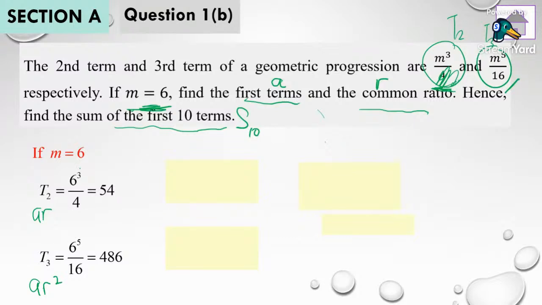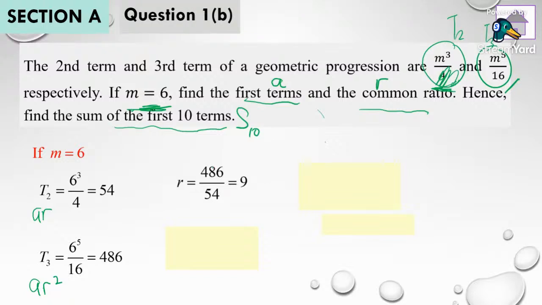So if I want to get r, I can just divide these two equations. Or just using the basic concept, r is equal to the division of two consecutive terms, where the term behind is divided by the term in front. So in this case, if I want to get the r value, I just use T3 divided by T2. I get the answer as 9.